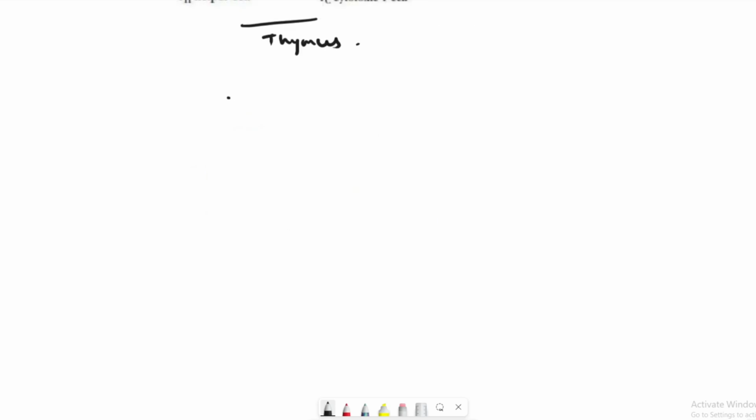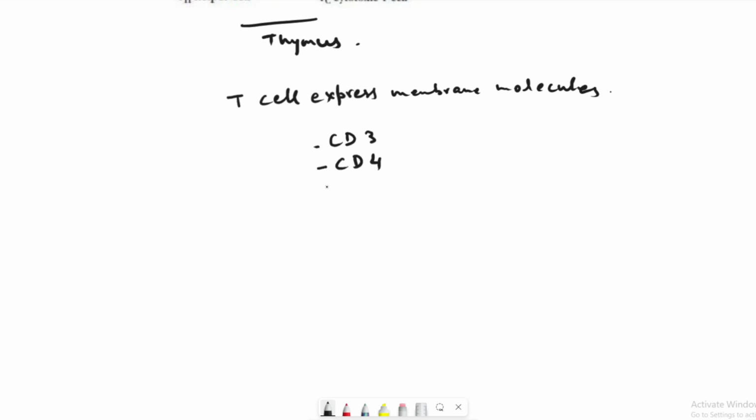Like B cells, T cells express distinctive membrane molecules. All T cell subpopulations express the T cell receptor, a complex of polypeptides that includes CD3. And most can be distinguished by the presence of one or the other of two membrane molecules, CD4 and CD8.